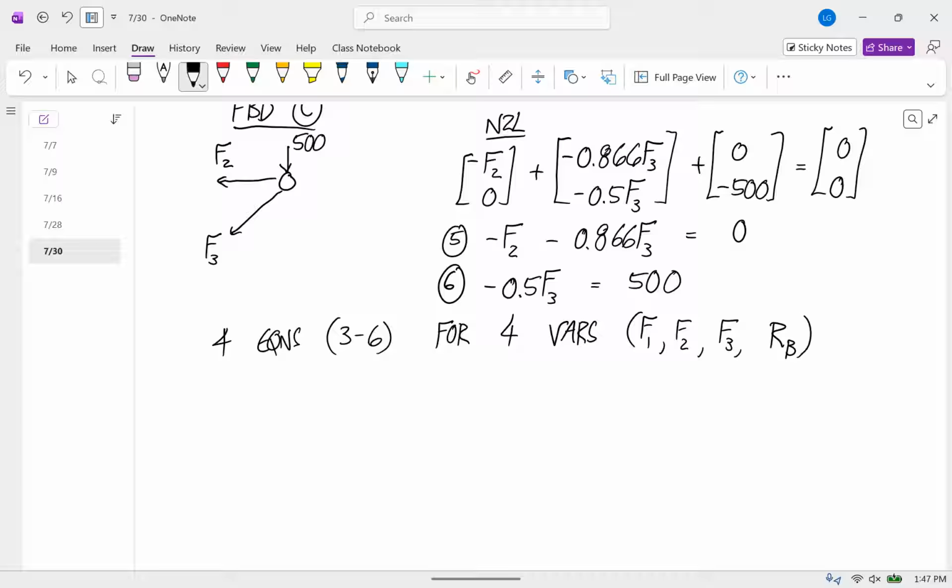What we get is that F1, I'm going to spare you writing it out as a, well, let me do it. Why not? You can fast forward if you don't want to see it.